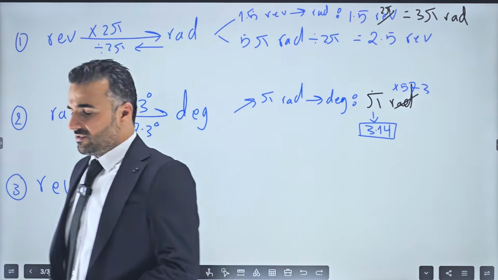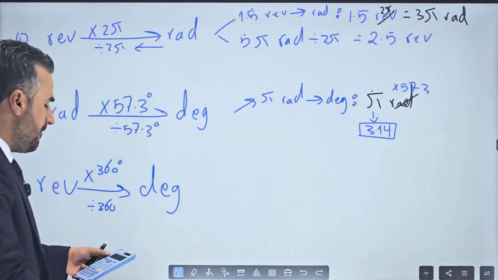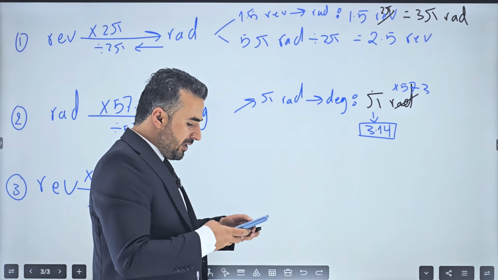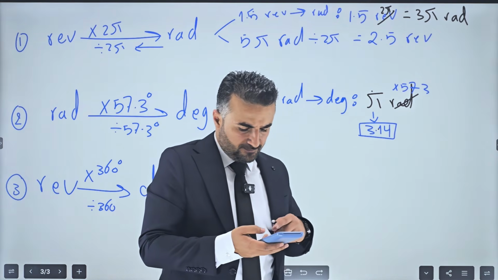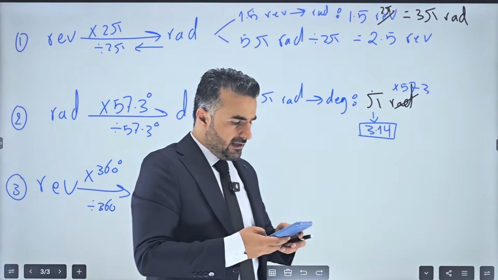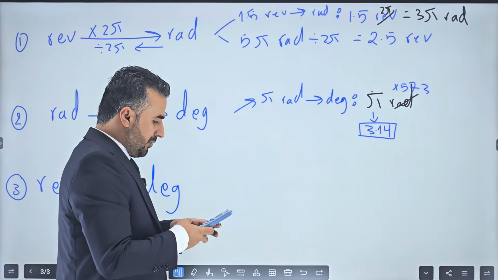Let's get a calculator and see what that is exactly equal to. Remember, it is pi. All you have to do is multiply. So we have pi. Of course, you can press shift and this, depends on your calculator. You can just press that in your calculator, multiply by 57.3.